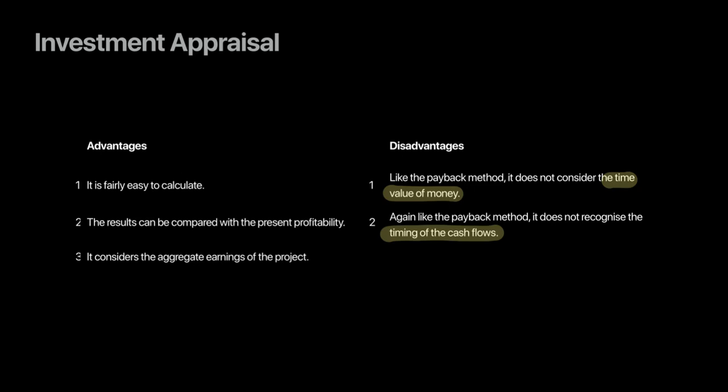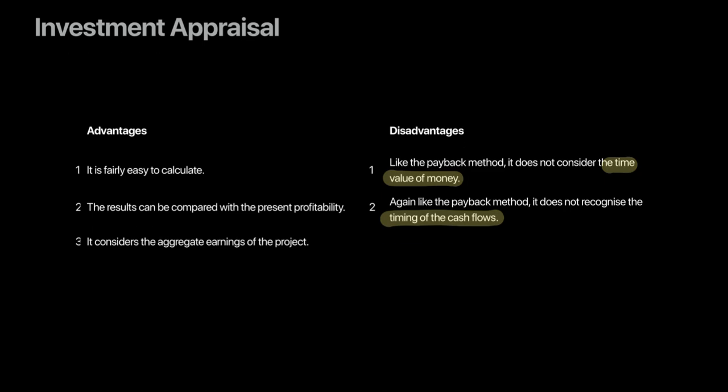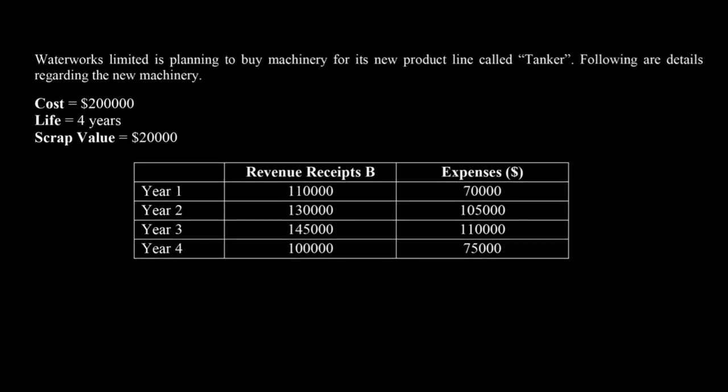Okay, now since we've learned this, let's apply this to our previous example. Let's learn how to calculate the ARR so that we can understand the concept much better. So let me take you back to this question. If you recall, we just did this question where we learned for this machine how to calculate profit and net cash flow. We knew our depreciation figure, we have our cost 200,000, the life, and the scrap value.